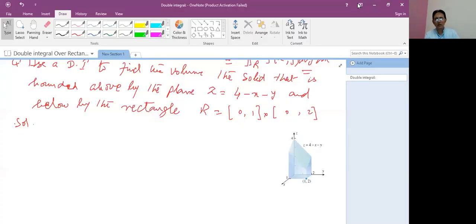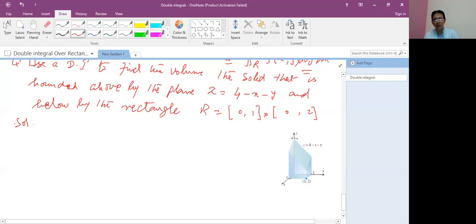Now, student, we will consider the diagram. With the help of the diagram, we will find the double integral. Use a double integral to find the volume of the solid that is bounded above by the plane. The plane equation you have given is z equals 4 minus x minus y.